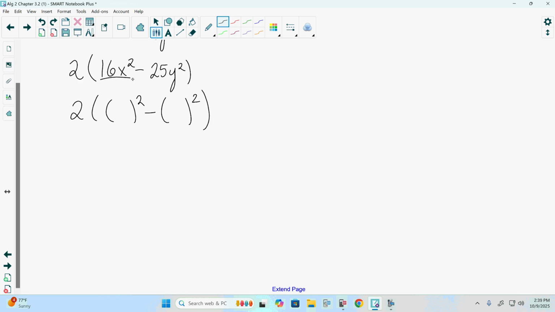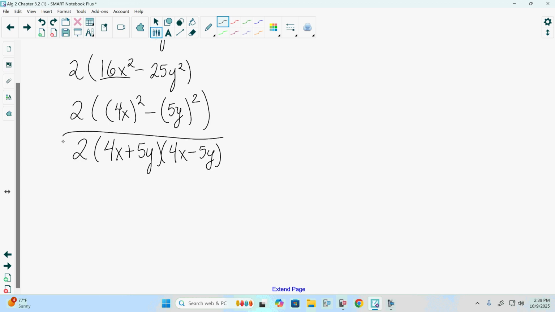So we have 2 times 16x squared minus 25y squared. Well, 4x squared would give us 16x squared. 25y squared would be 5y. So we have 2 times 4x plus 5y times 4x minus 5y.